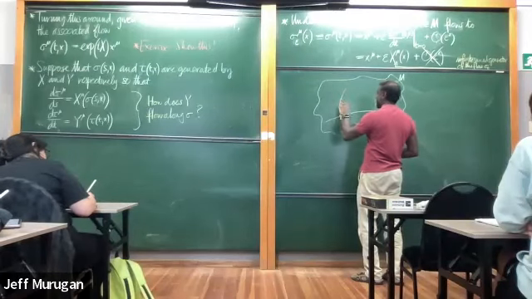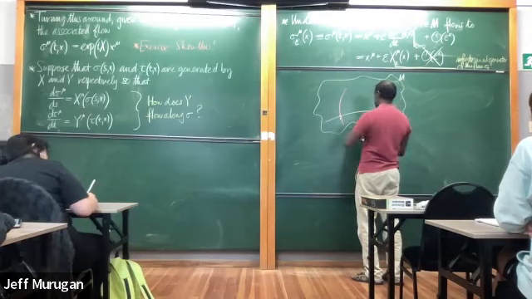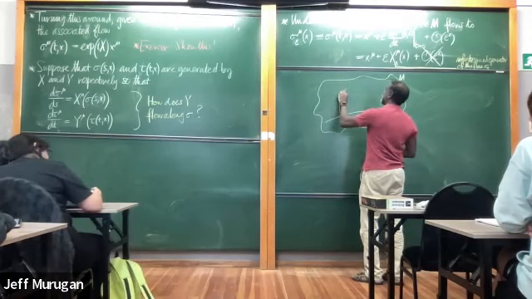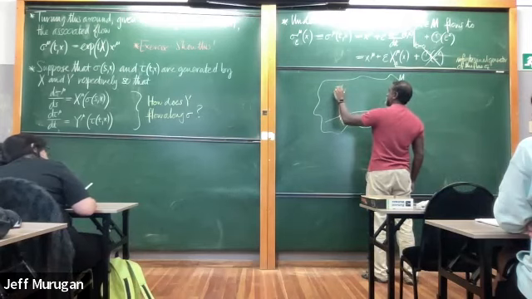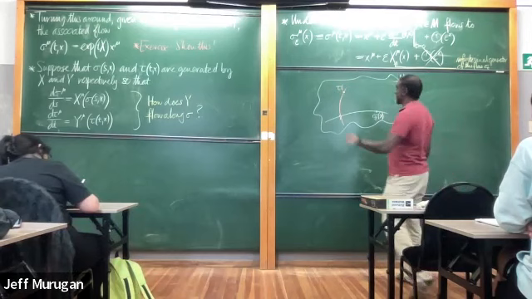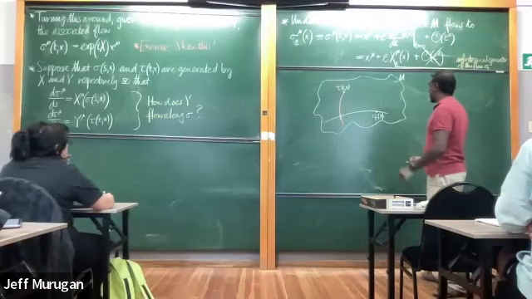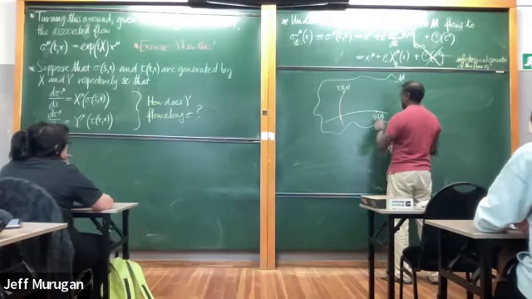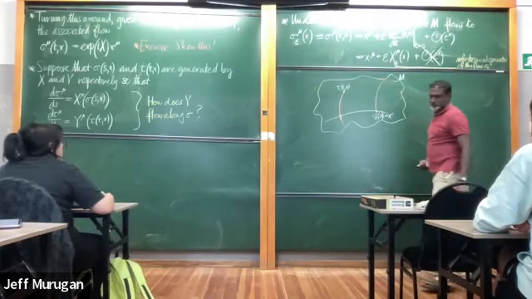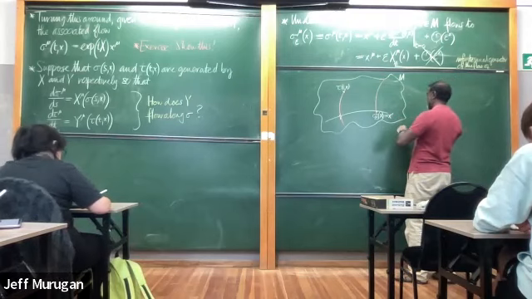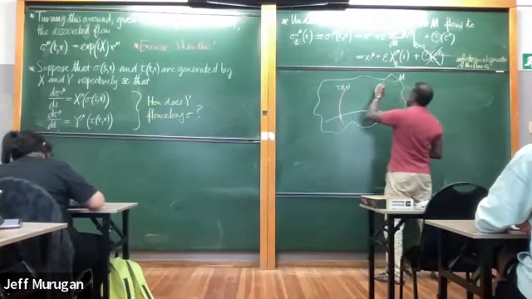So x also flows under tau to the point tau of, let's say, t x. And this is the flow. This is flow tau.